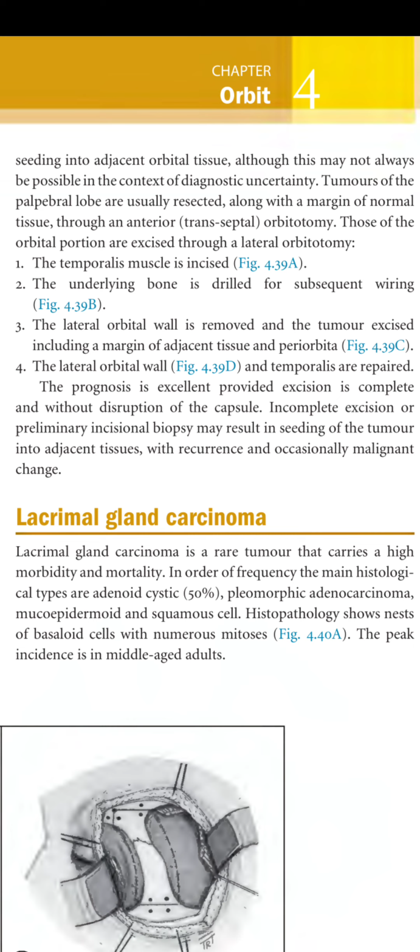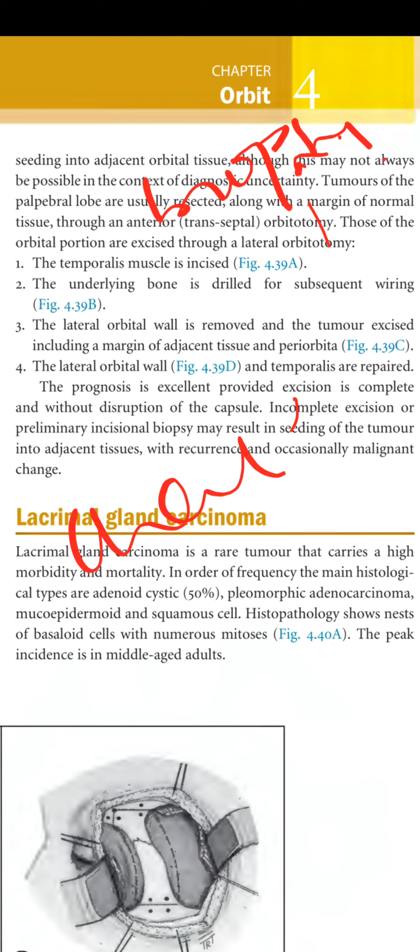So basically, this is one of the tumors in which you avoid biopsy, because if you do a biopsy, there is a chance of tumor seeding in the surrounding tissue. That is why we tend to remove it completely and with the capsule intact, so that no tumor cells seed into the adjacent tissue.